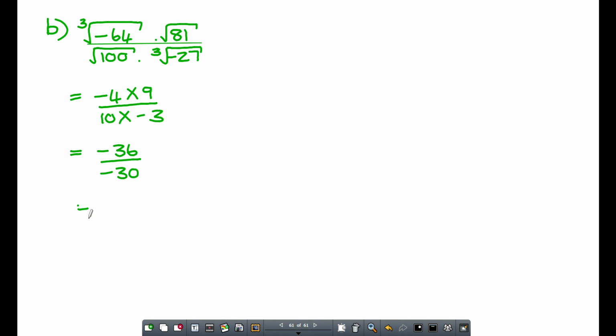Now those two negatives will become a positive, okay? And then 6 can divide into both the top and the bottom. So it's going to be 6 over 5. Or you could have said 1 and 1 over 5. If you leave it like this, it's 100%. Hulle sê so.